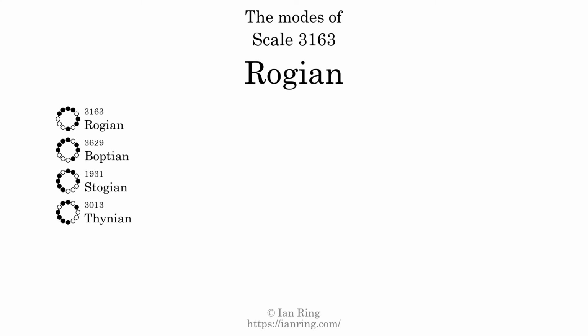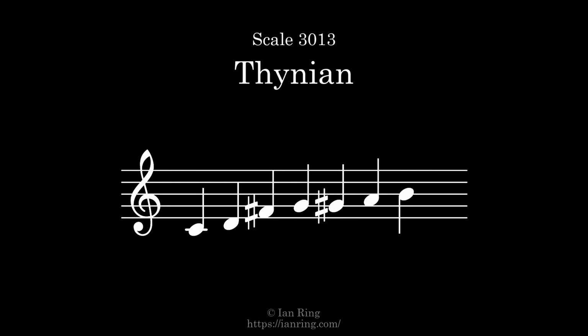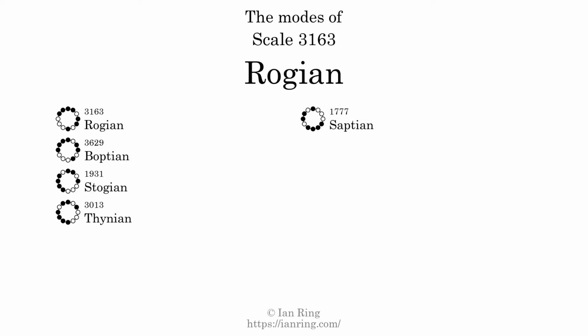The fourth mode is scale 3013. Also known as Thynion. It sounds like this. The fifth mode is scale 1777, also known as Saption. It sounds like this.